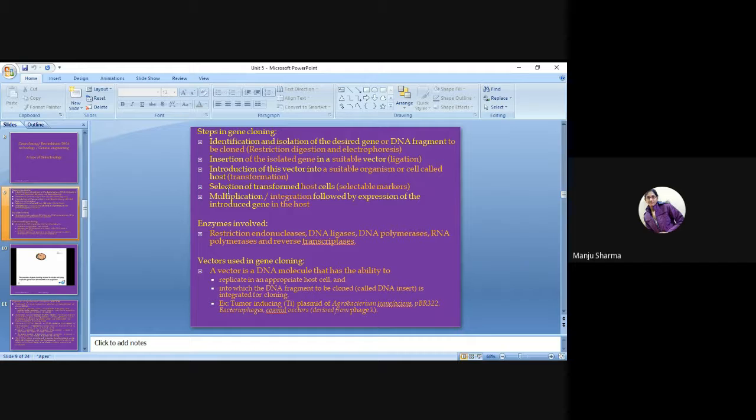Introduction of this vector into a suitable organism or cell called the host, that is transformation. Selection of transformed host cells using selectable markers, multiplication, integration, followed by expression of the introduced gene in the host.